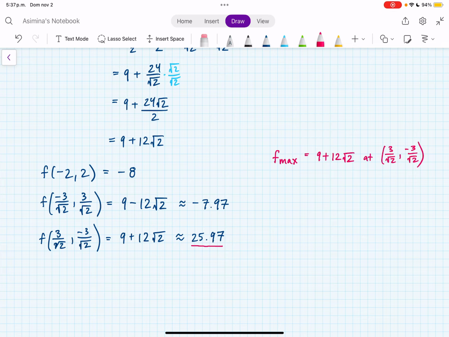Now from minus 8, minus 7.97, and 25.97, which is the smallest value? Well, minus 8 is the smallest, so f min is minus 8, and that occurs at the point minus 2 comma 2. And so that's pretty much it. We found the extreme values of the function f of x comma y on the region described by x squared plus y squared less than or equal to 9.